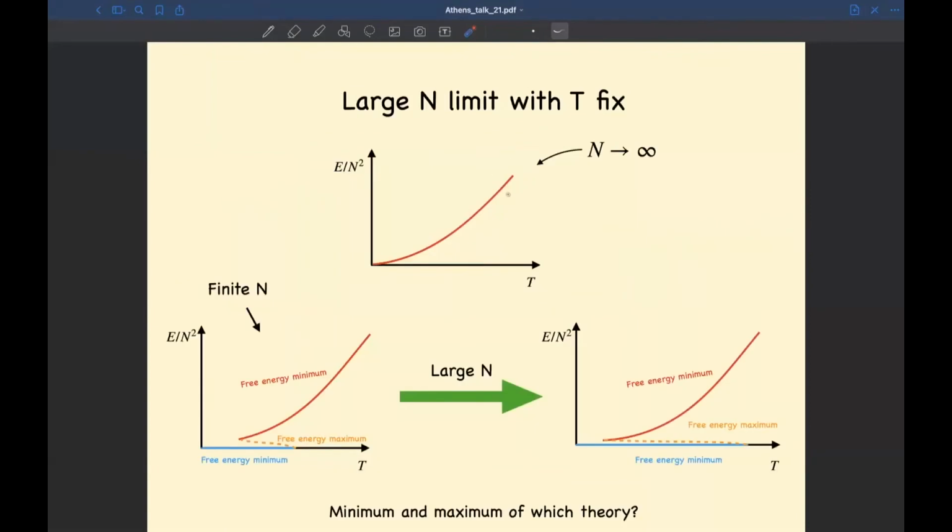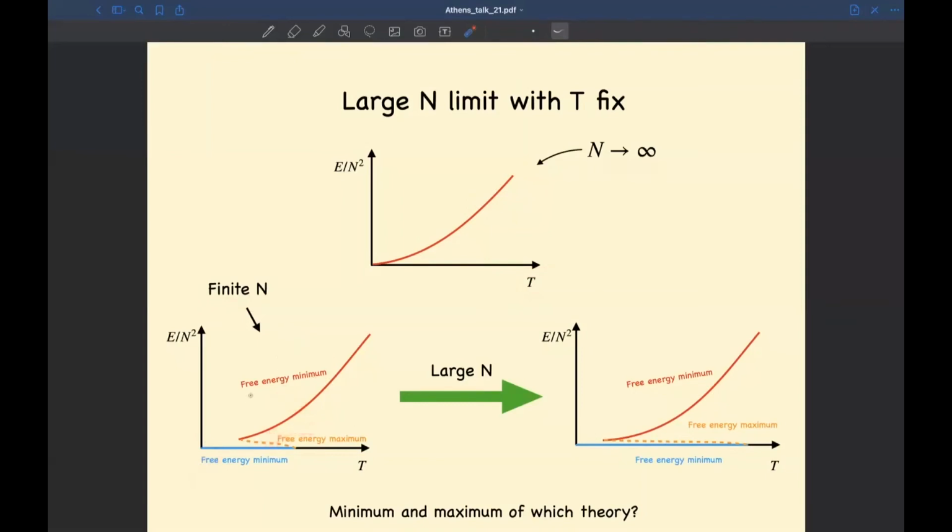So now I want to again discuss what we think is going on in the phase diagram of this case. When N is sent to infinity, we expect that the energy should go to 0 at any temperature. But here we propose that there is a separation between the deconfined phase and the confined phase with another intermediate phase.